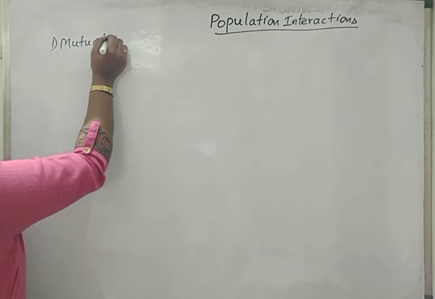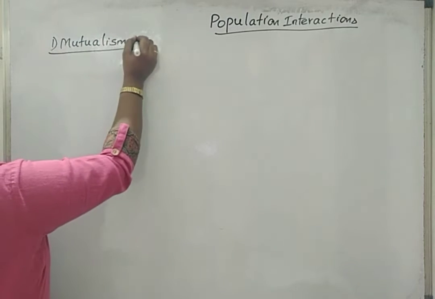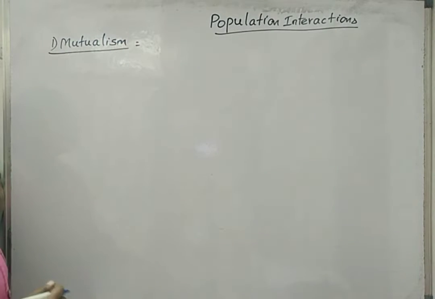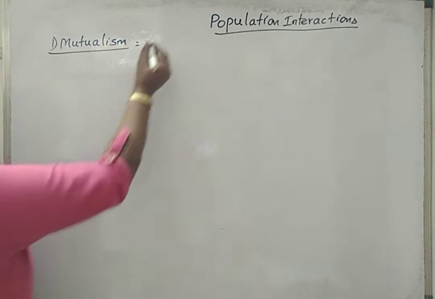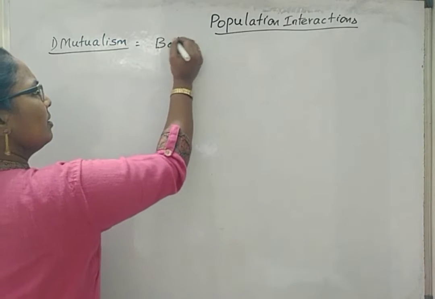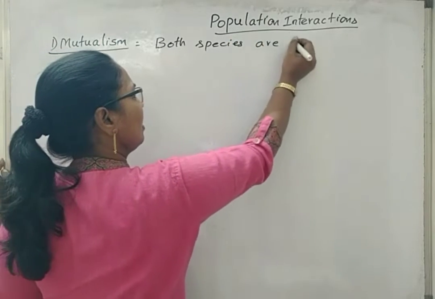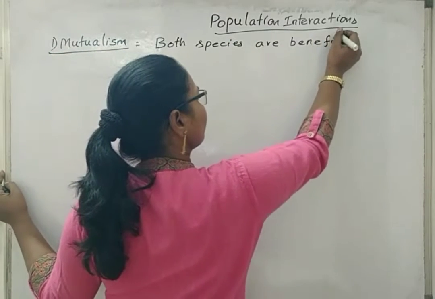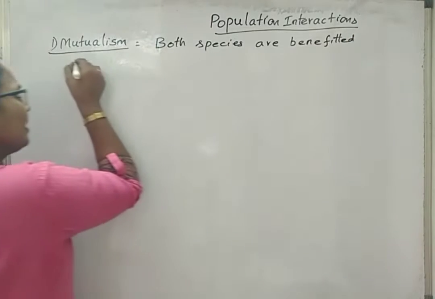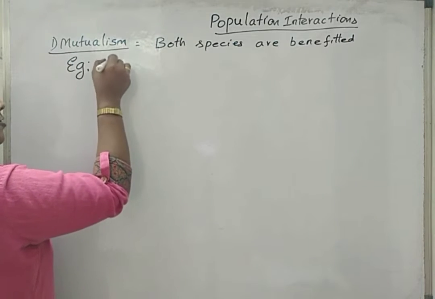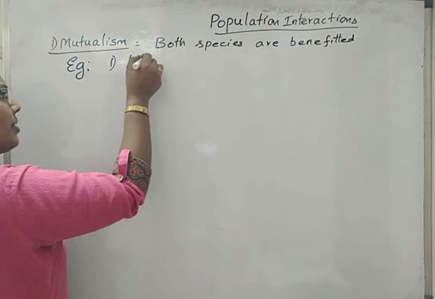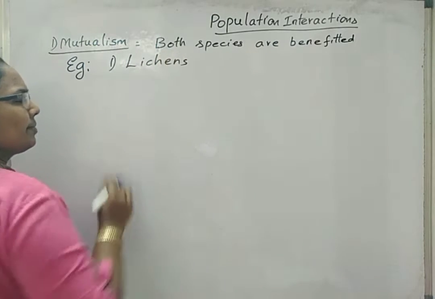Mutualism. As we said before, here both species are benefited. We can take many examples. The first priority goes to lichens.